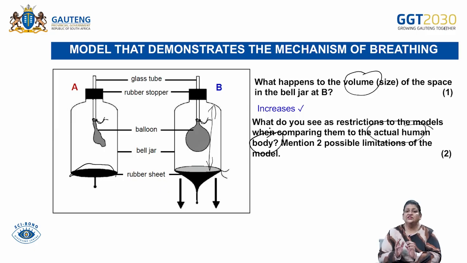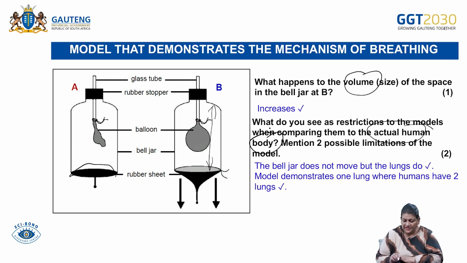What do you see as restrictions to the models when comparing them to the actual human body? So, this is just a representation of the breathing mechanism. But what is this bell jar not really showing you in reality? I told you it's not showing you what? It does not move. That means the bell jar doesn't expand or deflate. It does not move, but the lungs do.